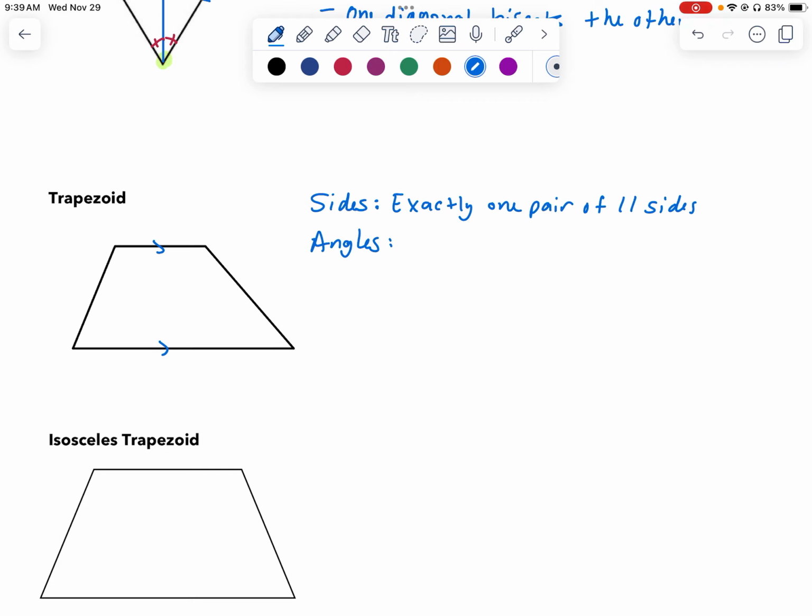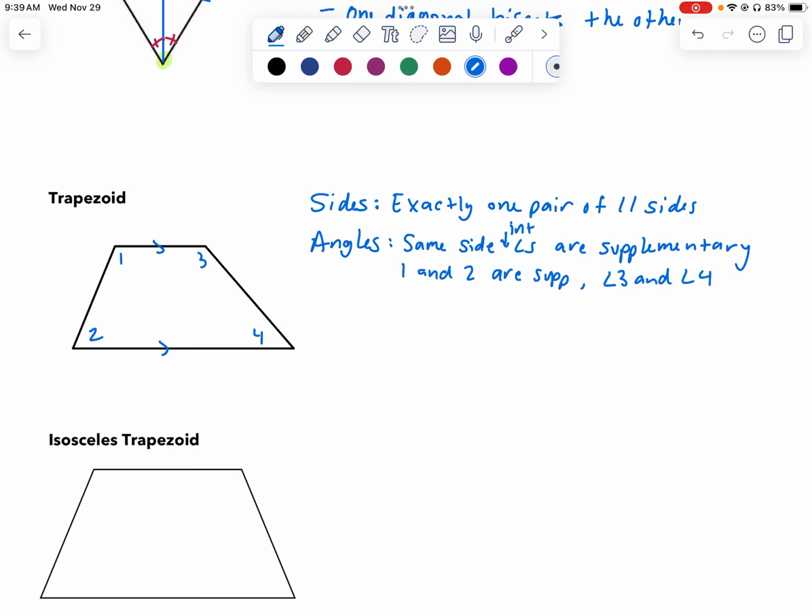But what we do have is that the same side angles are going to be supplementary. If I go 1, 2, 3, and 4, 1 and 2 are supplementary. Actually, let me say same side interior. This is along the parallel lines. So 1 and 2 are supplementary, as well as 3 and 4.